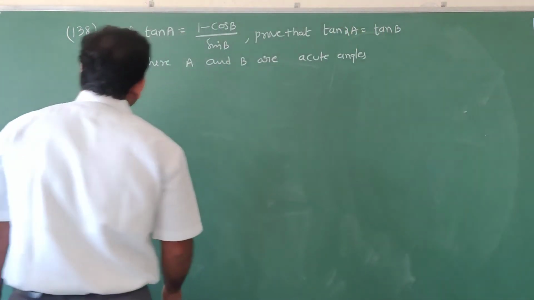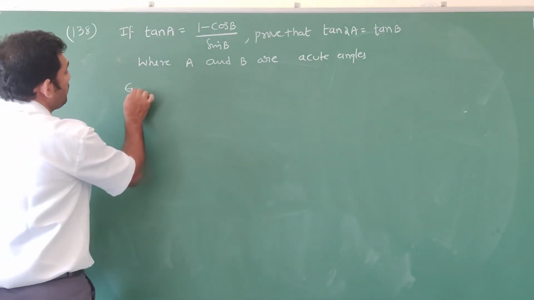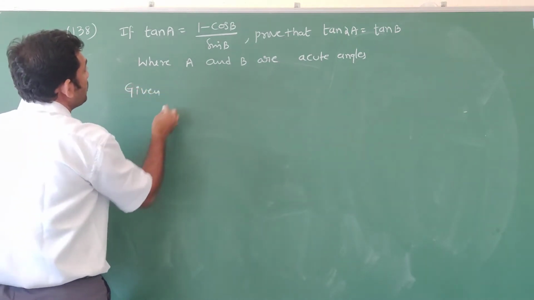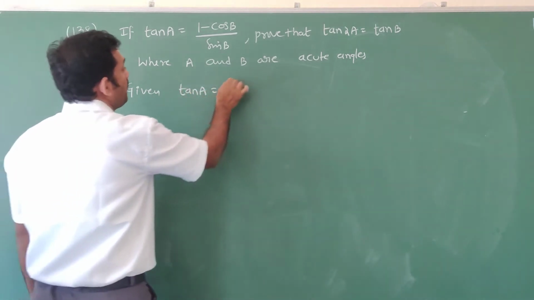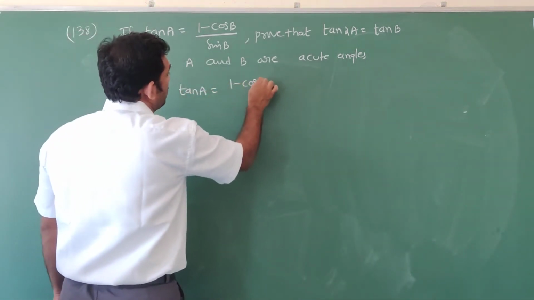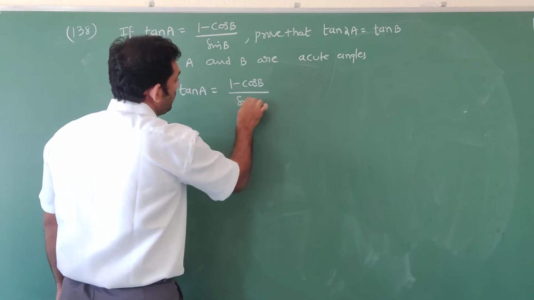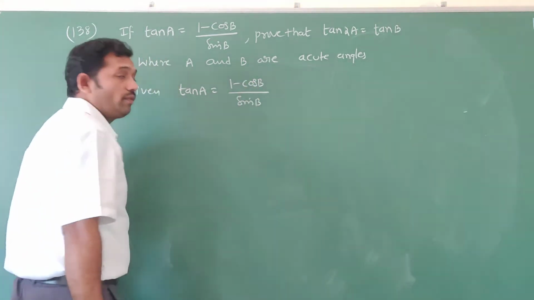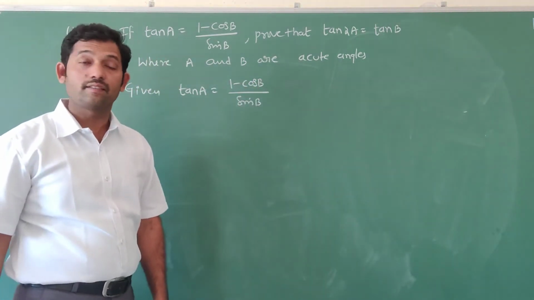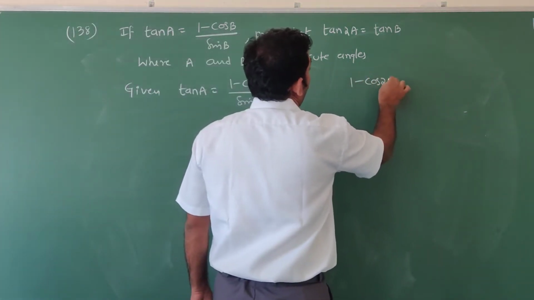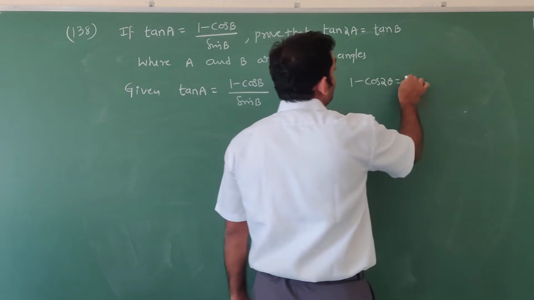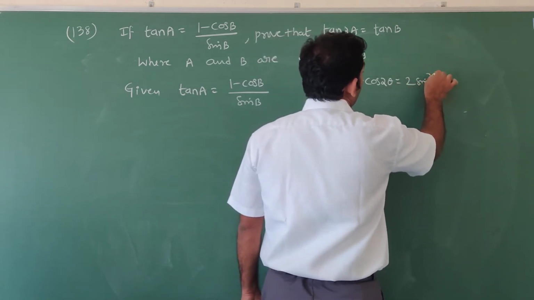Listen. Given tan A equal to (1 minus cos B) divided by sin B. We have formulas: 1 minus cos 2 theta, what is our formula? 2 sin square theta.